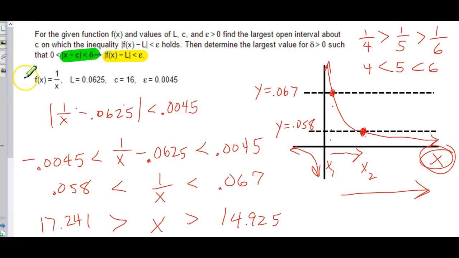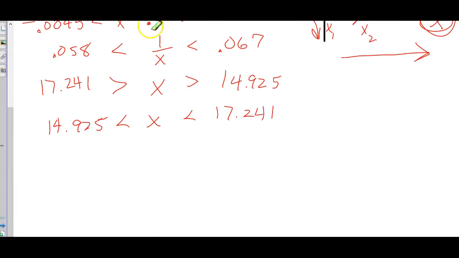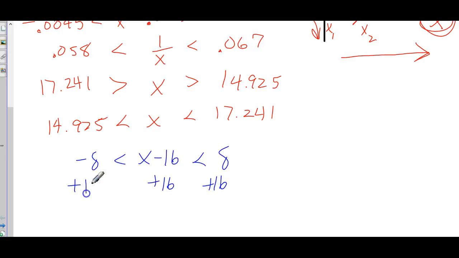The other inequality is x minus c less than delta, where c is 16. So it says x minus 16 in absolute value is less than delta. Just like before, we're going to get rid of the absolute values, negate that thing and put it over here, and now add 16 to all three places.